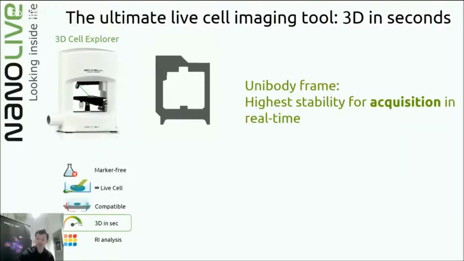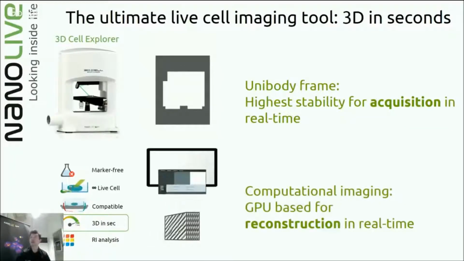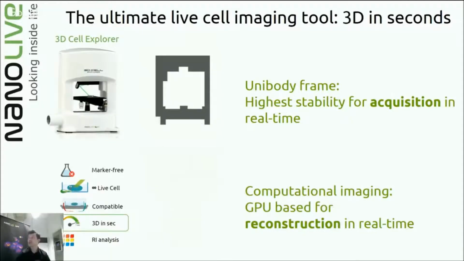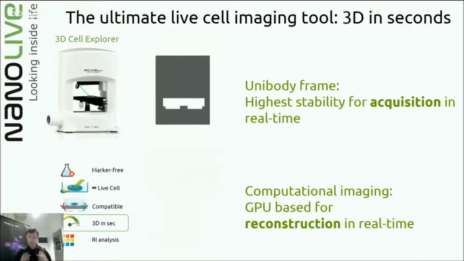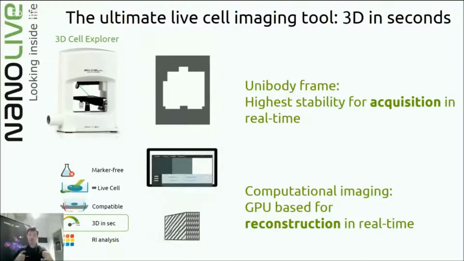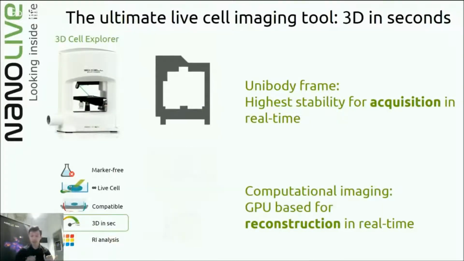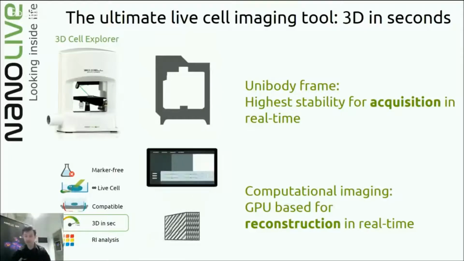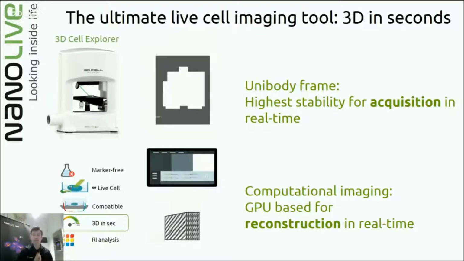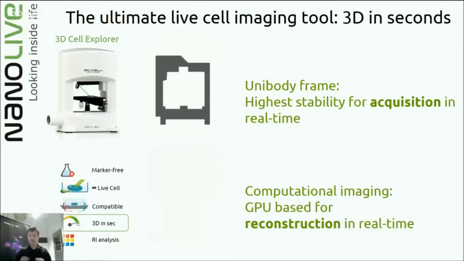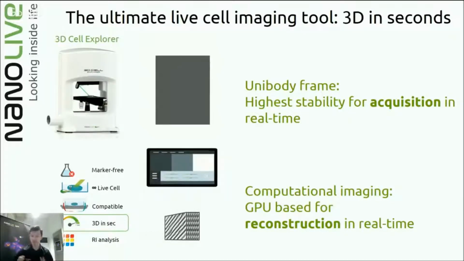On top of that, we coupled this beautiful chassis with a very powerful GPU that is able to do all the calculations to transform the holograms into a proper 3D reconstruction in a matter of seconds. Altogether, we can go down to 1.7 seconds per frame, which is really amazing.